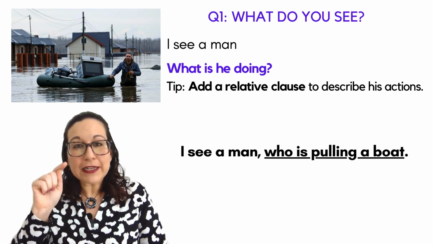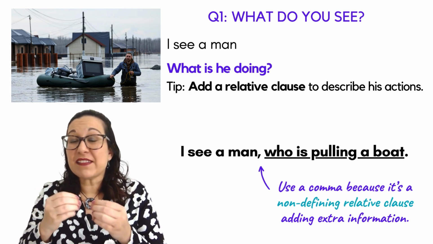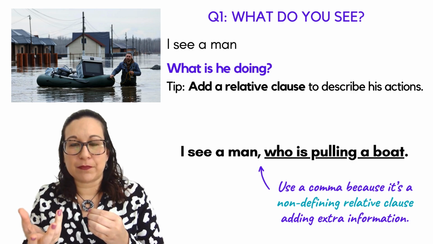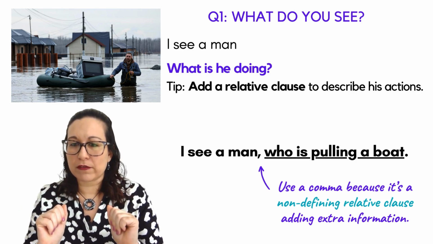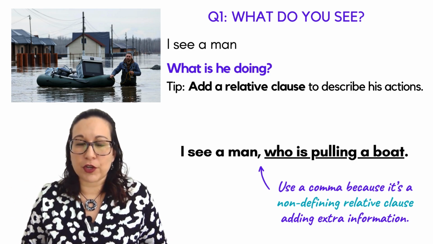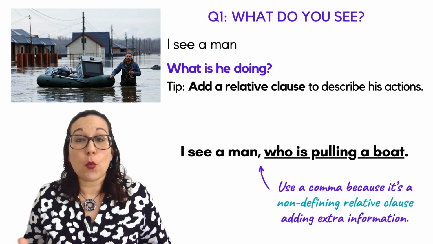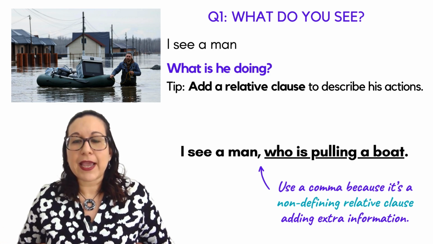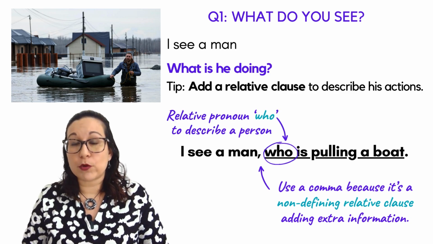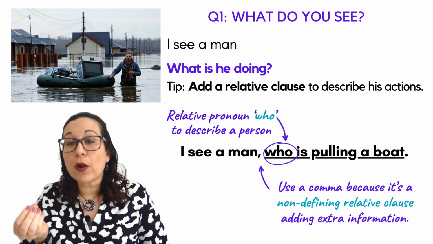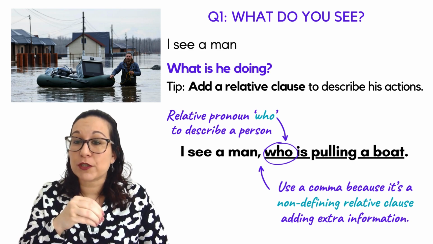Now, I've got that little comma there because this is just extra information. It's not a defining clause. There's only one man in the photo, so I'm not going to confuse him with any other people. And I'm using the relative pronoun who because I'm describing that man, that person.